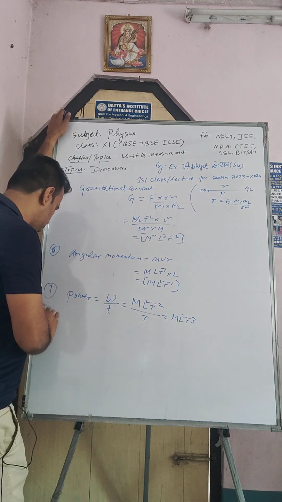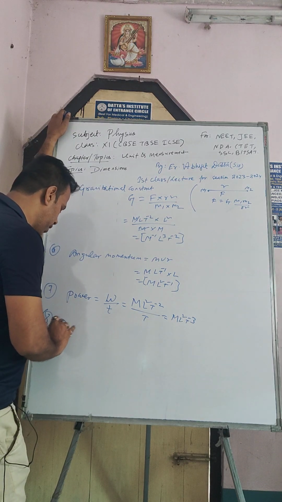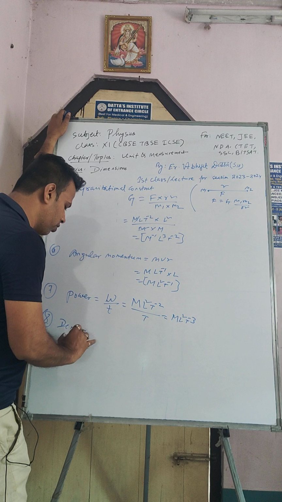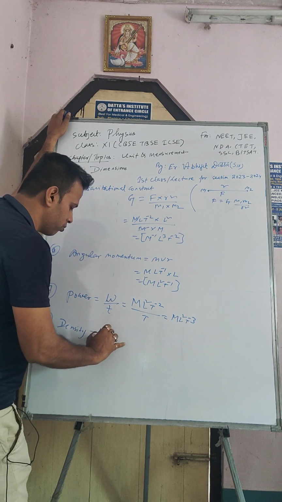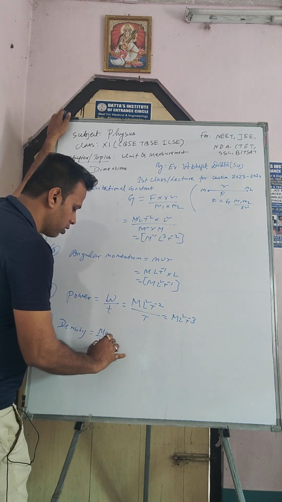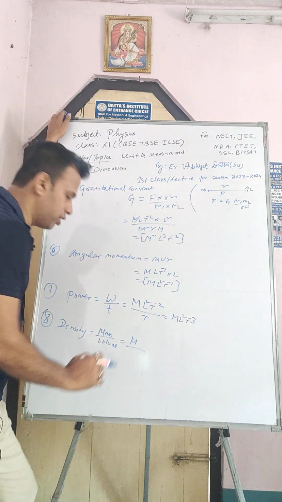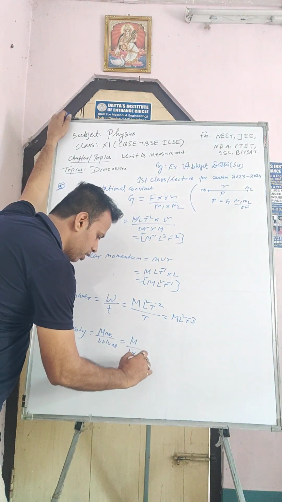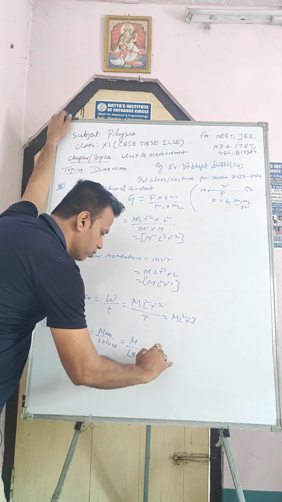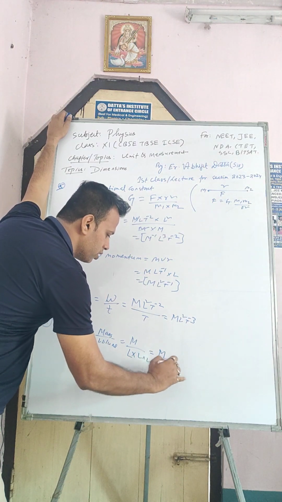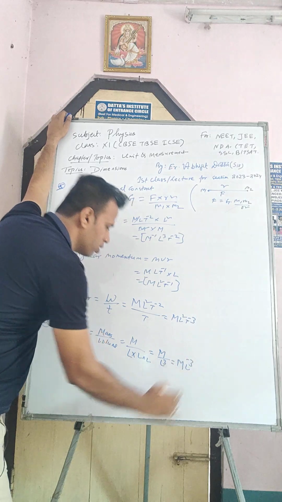Okay, and the dimension of density is what, sir? Mass by volume. Okay, so mass is M, volume is length into breadth into height, all are lengths, so it will be ML^-3.